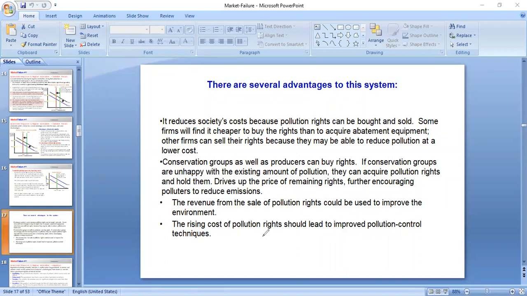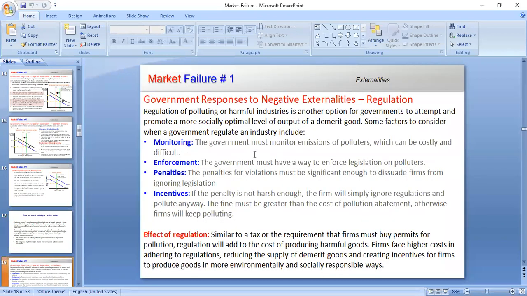And they will be forced to acquire the pollution abatement equipment, which will help these farms reduce pollution, whereby greenhouse gas emissions like carbon dioxide and sulfur dioxide will be controlled or filtered by this equipment, such that by the time they are emitted into the environment, they are not harmful.